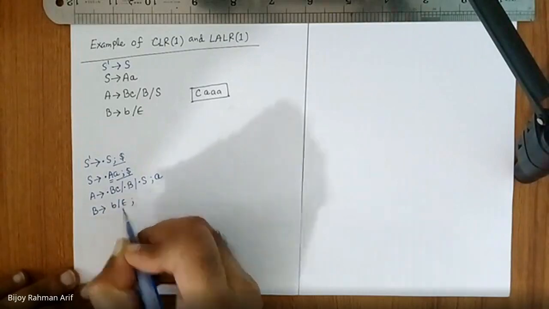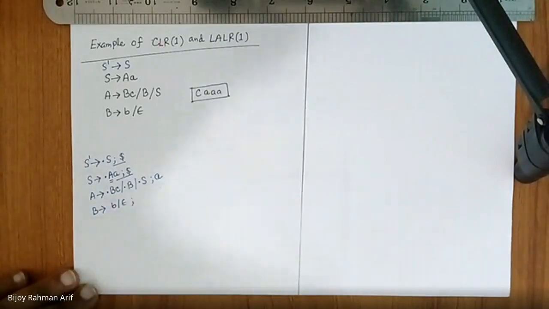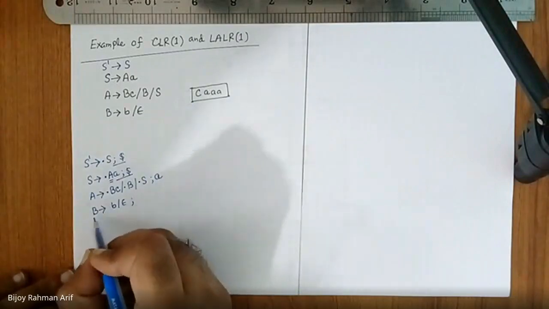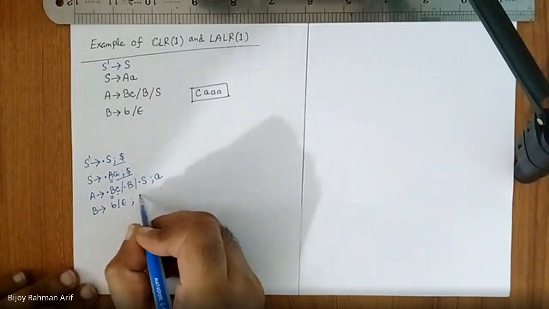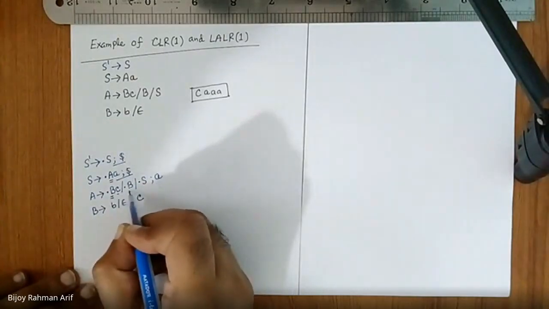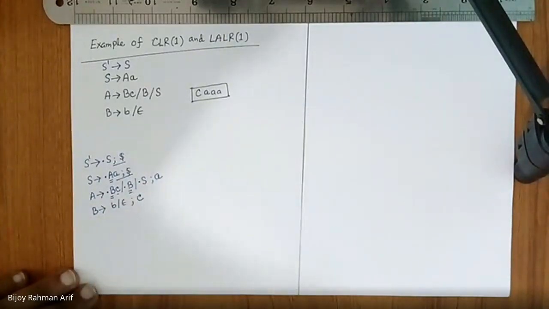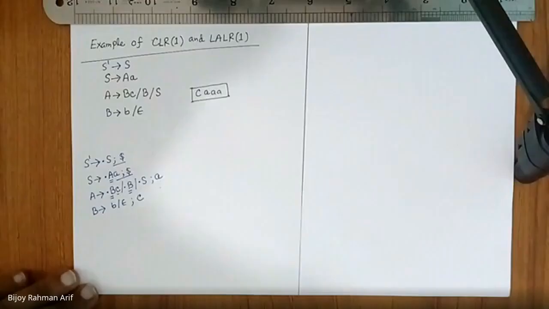What would be the look ahead? You added this production because of this B, so what is just after B? C. Then in the other case, what is just after B? Nothing.